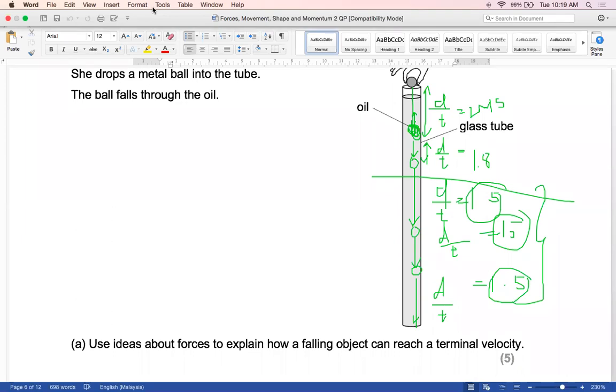Number 2, the distance. We talked about the distance between the glass tube top and bottom, right? So the distance between the 2 points is measured. Instead of top and bottom, say the distance between the 2 points. So you edit it.